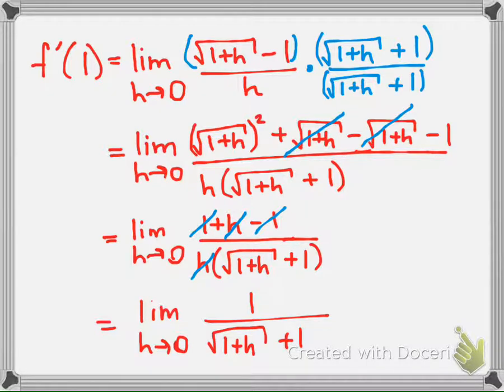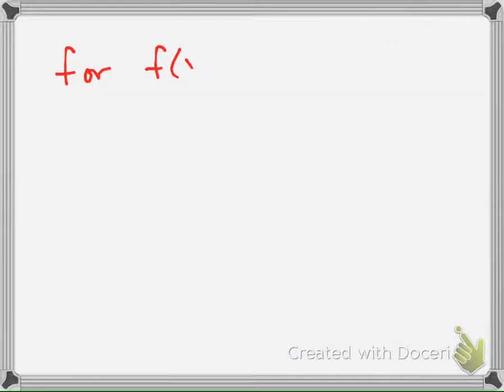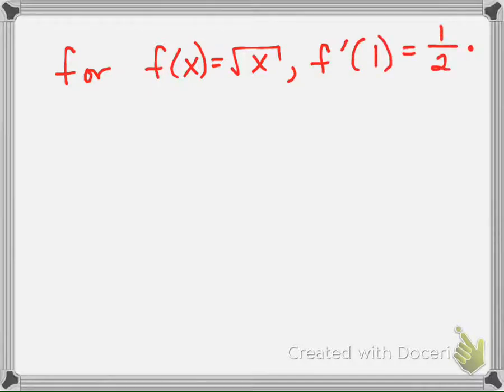Now I'm ready to compute the limit. The limit as h goes to 0, I get 1 over square root of 1 plus 1, which is, of course, 1/2. So overall, I get f prime of 1 equals 1/2. And that should match what you find numerically and graphically.